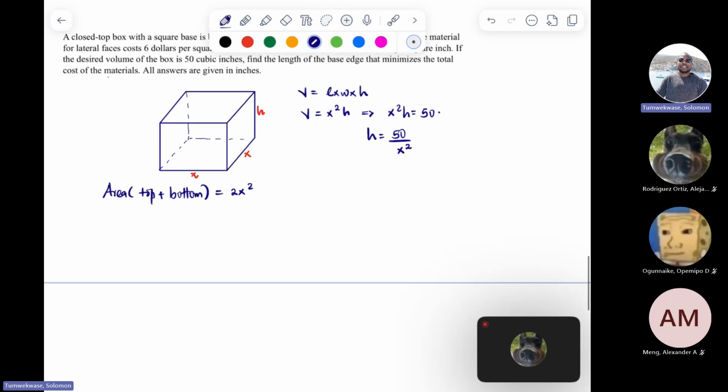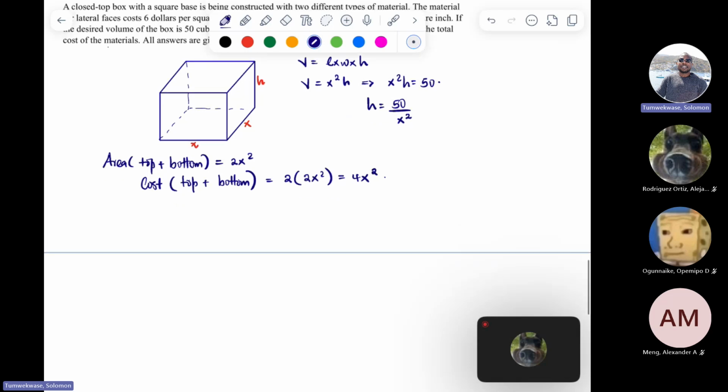It means that the total cost for the top and bottom is $2 times the square inches that we have, and this is 4x squared. Same thing with the lateral faces.